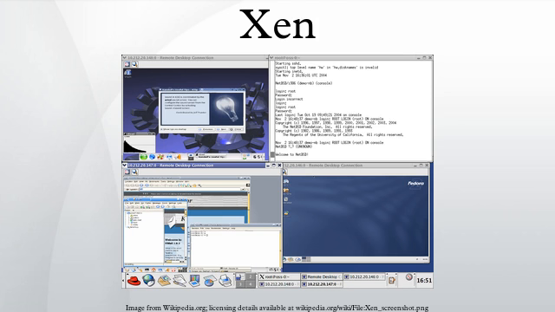Through paravirtualization, Xen can achieve high performance even on its host architecture, which has a reputation for non-cooperation with traditional virtualization techniques. Xen can run paravirtualized guests even on CPUs without any explicit support for virtualization.